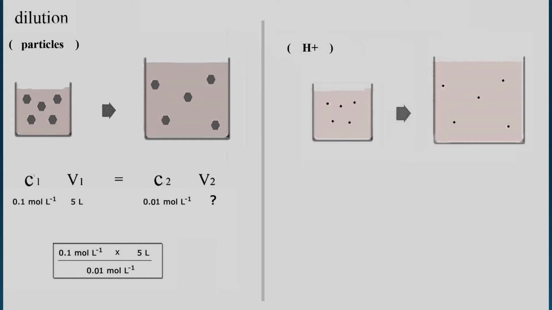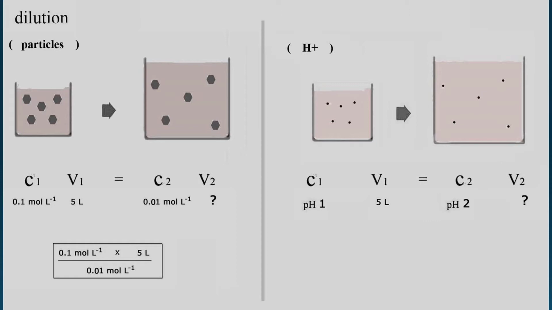Now, I'm going to talk about the H plus ion dilution. Instead of calculating the particle dilution, I'm going to dilute the H plus ion by adding more water. It's going to be identically the same principle. So, it will be pH 1 in 5 liters and pH 2 in how many liters? How to do it?